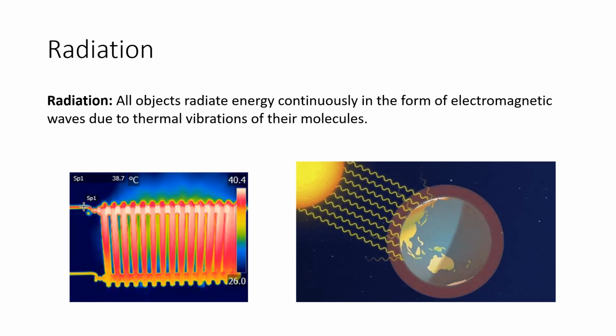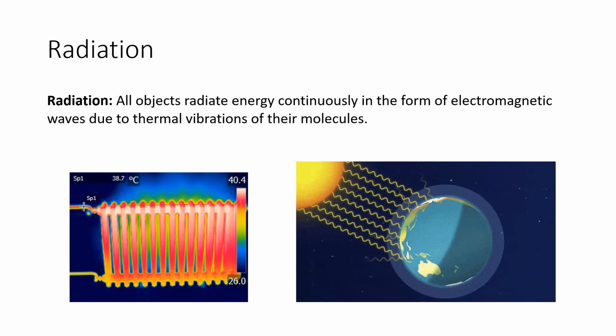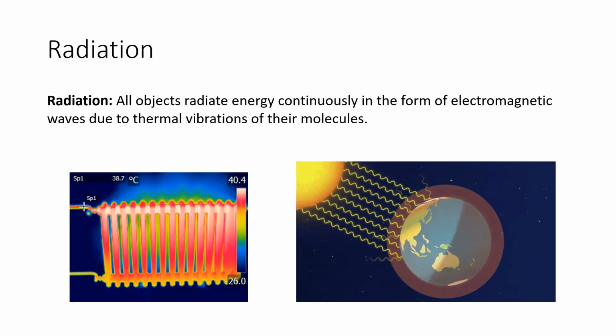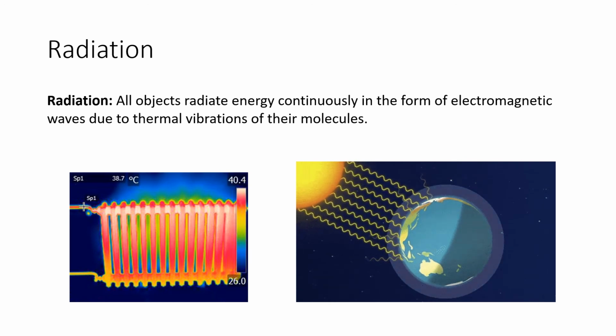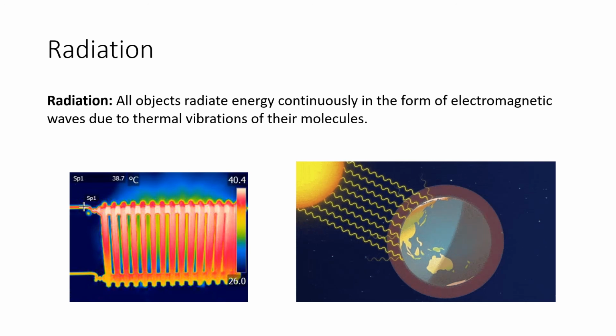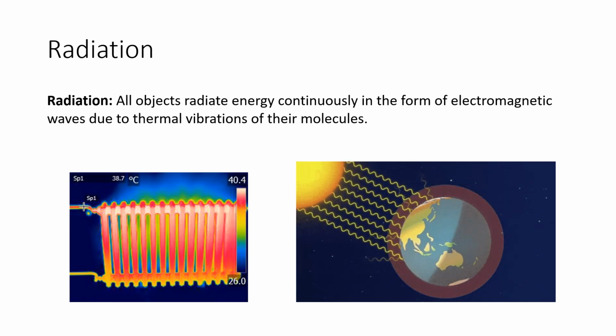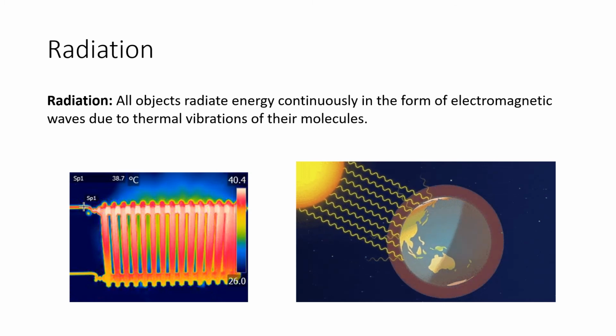So radiation is the transfer of energy through the electromagnetic spectrum. Things that produce electromagnetic waves can produce radiation and heat something up from a distance.